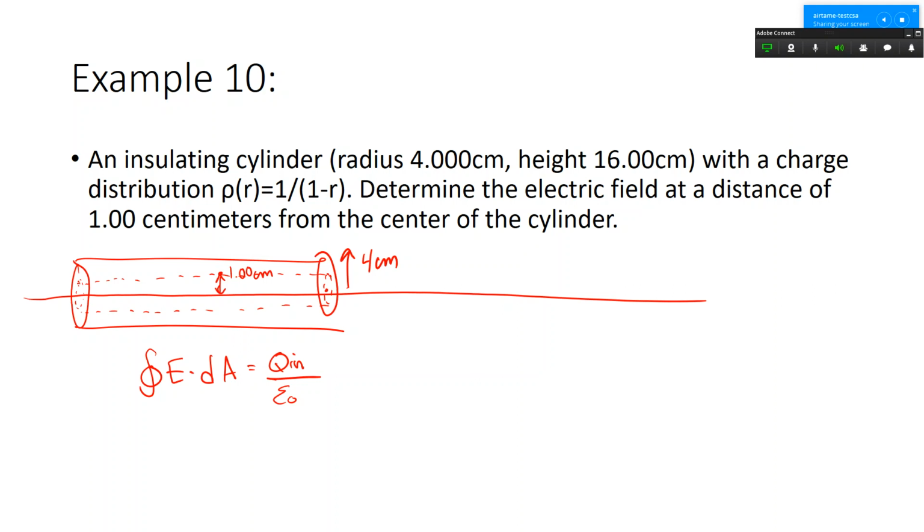What's my charge enclosed if it's a volume? It would be rho times volume, exactly. So the integral of E dA is equal to rho times volume over epsilon naught.